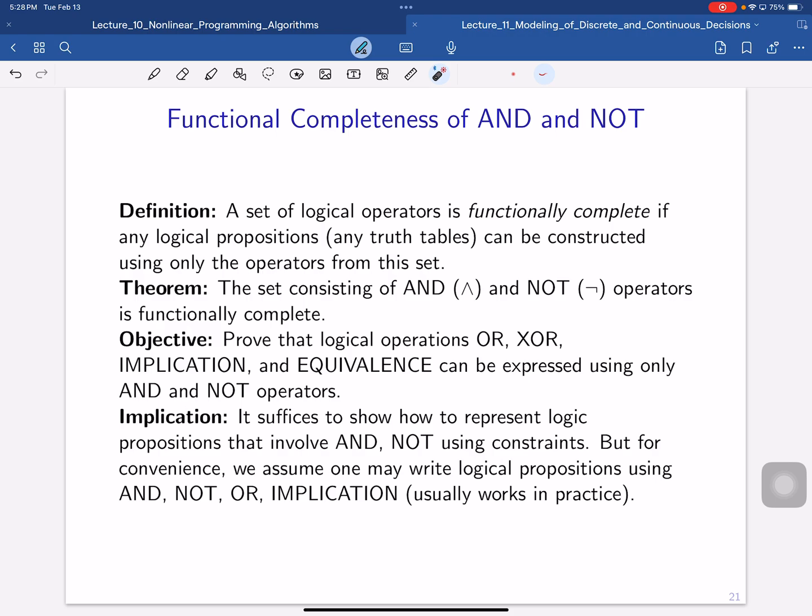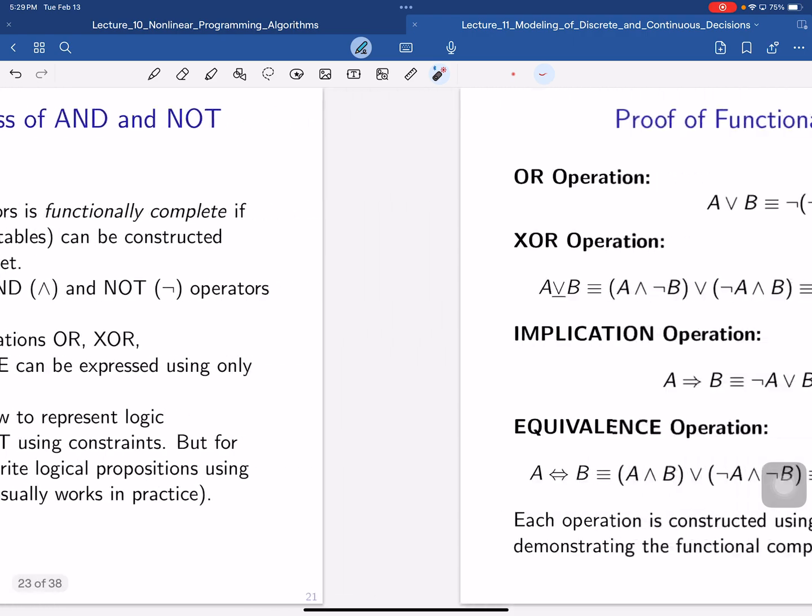Why is 4 enough? Because these 2 are already enough, so of course these 4 are enough to represent all the logic propositions. Then in the next step, we are going to show you, given any proposition logic using these 4 operators, we can always convert it into integer constraints. That's what we are going to do next.